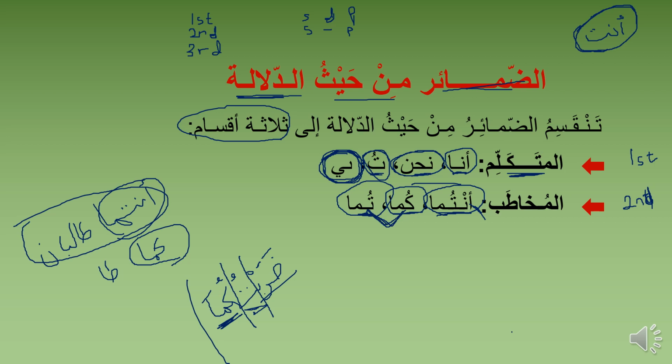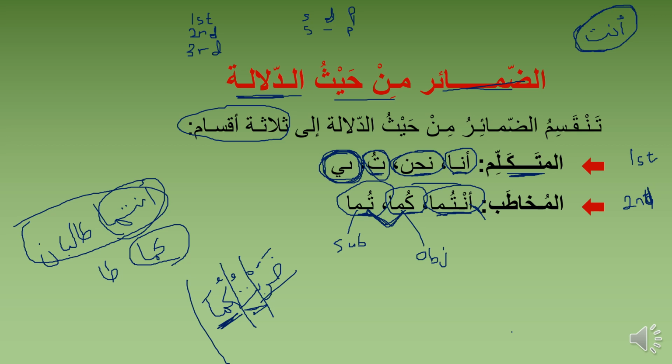So what is the difference between this one and this one? The difference between kuma and tuma is that kuma is an objective pronoun, while tuma is a subjective attached pronoun. And kuma is also an attached pronoun.